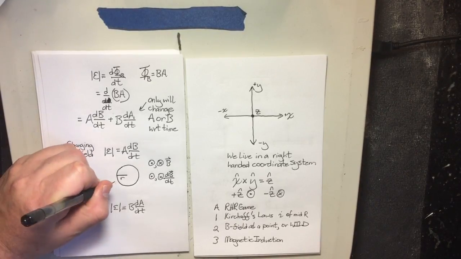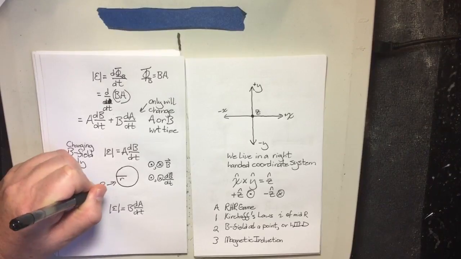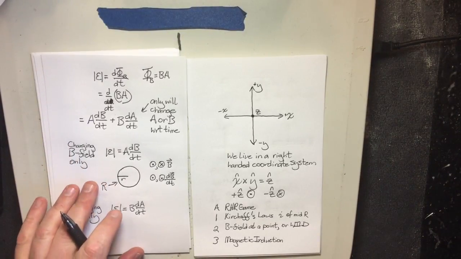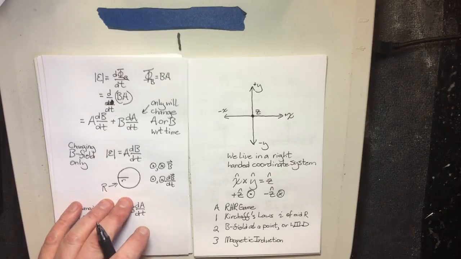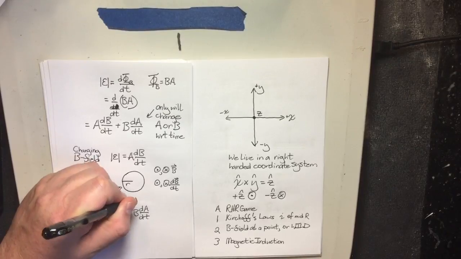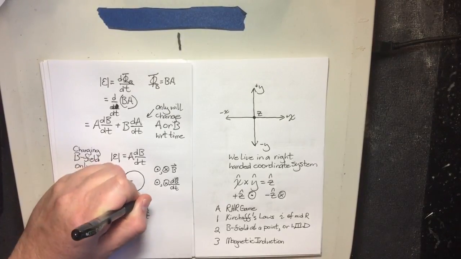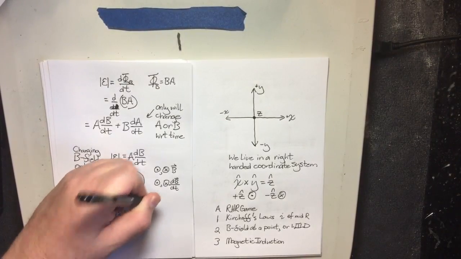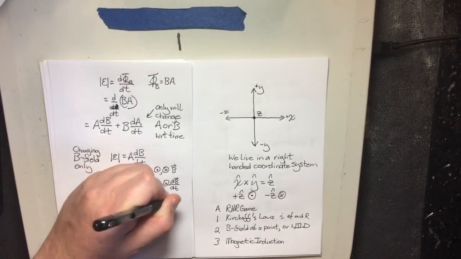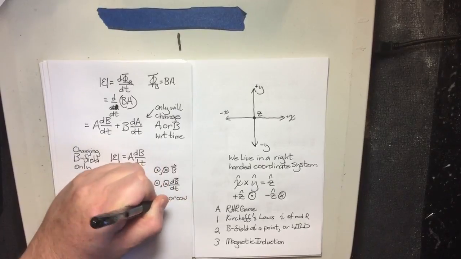And then this wire has a particular resistance. So a lot of the questions that are asked are the magnitude of current and clockwise or counterclockwise.